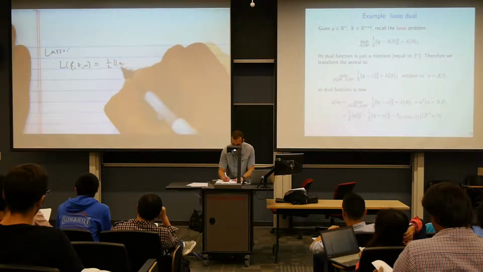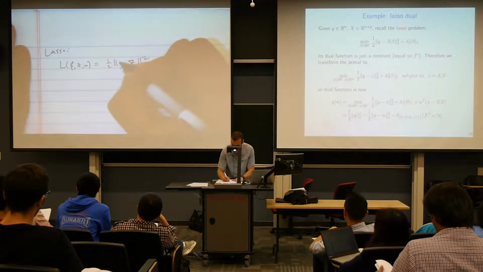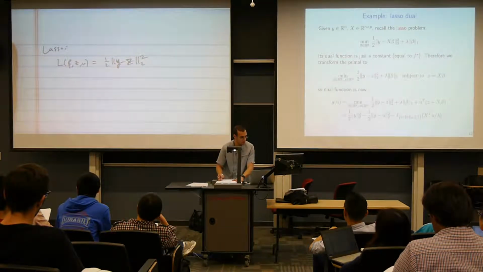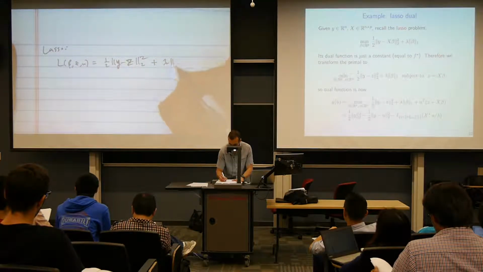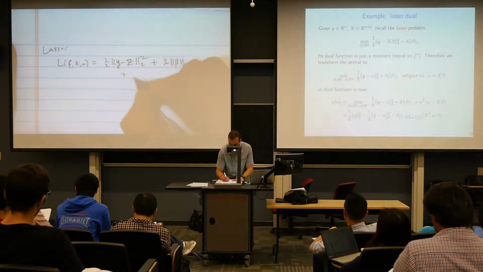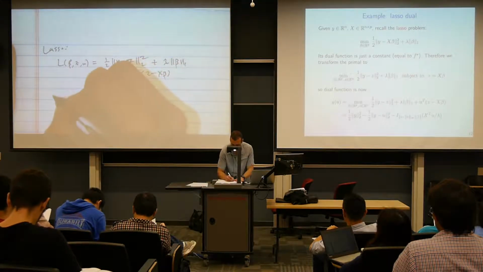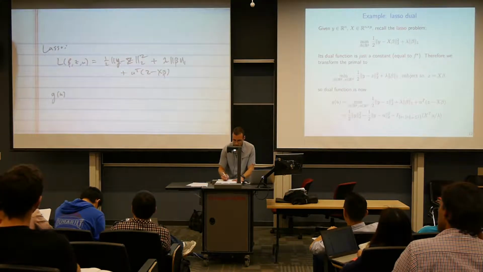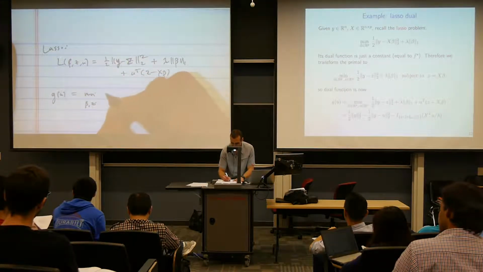The Lagrangian is the Lasso criterion, y minus z squared plus lambda times the L1 norm of beta, plus u transpose (z minus x beta). And the dual function is now a function of u, given by minimizing the Lagrangian over beta and z.